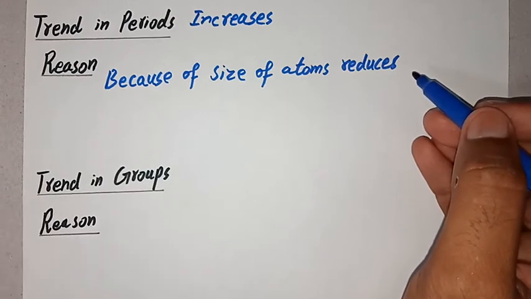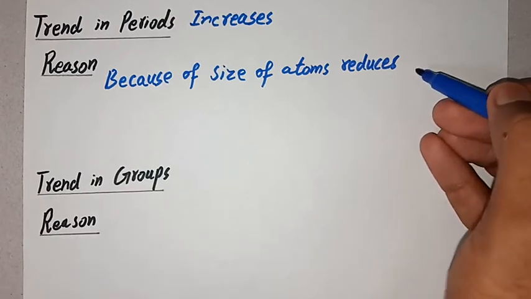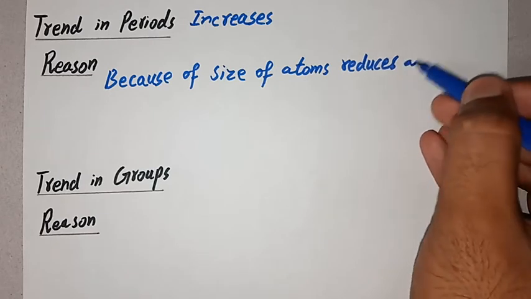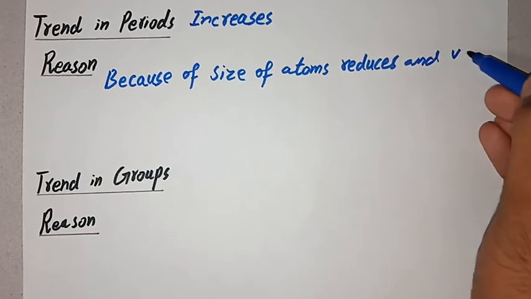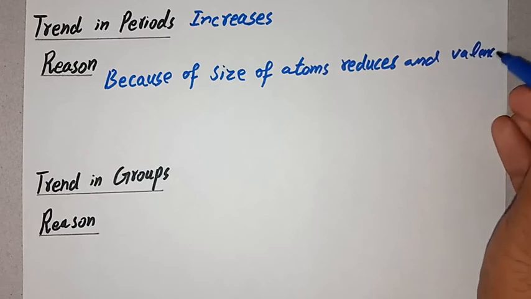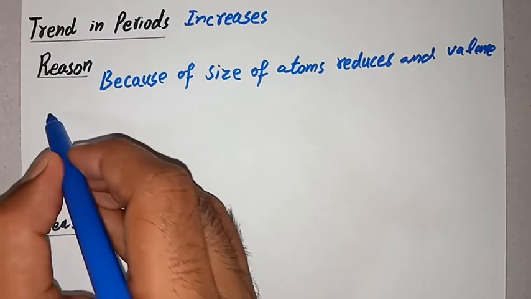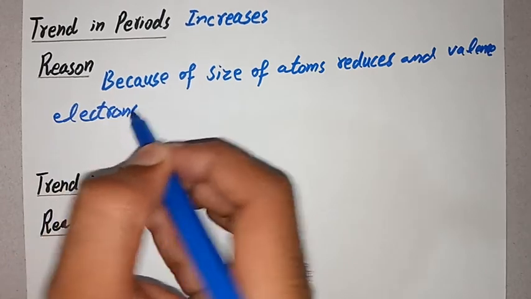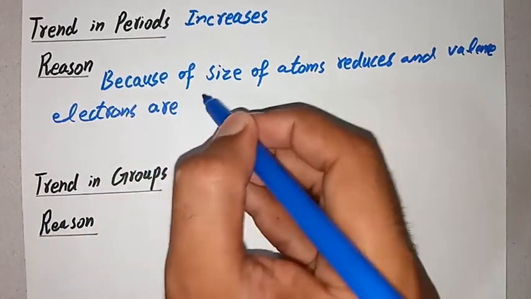So because the size of the atom reduces, the valence electrons are held strongly.